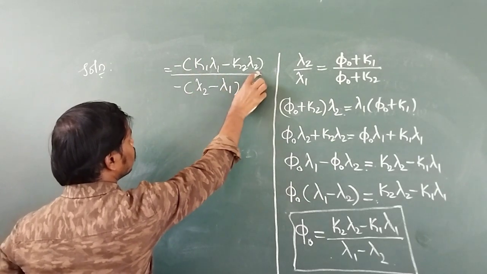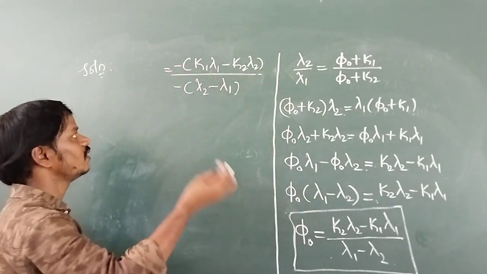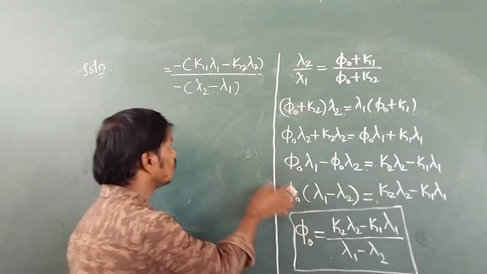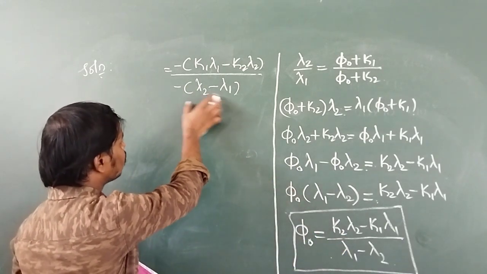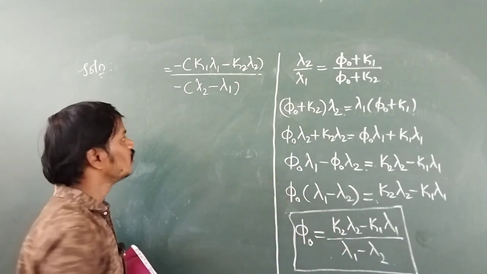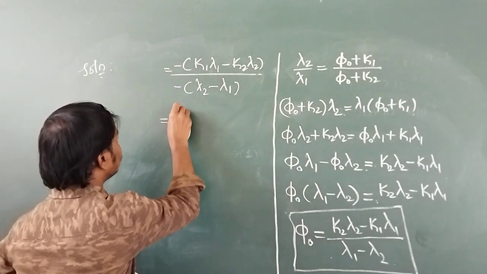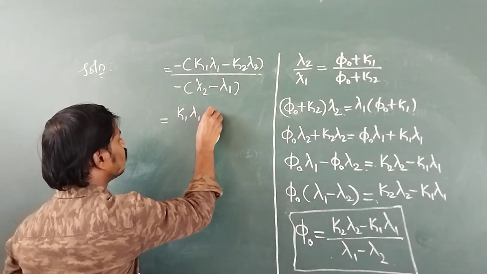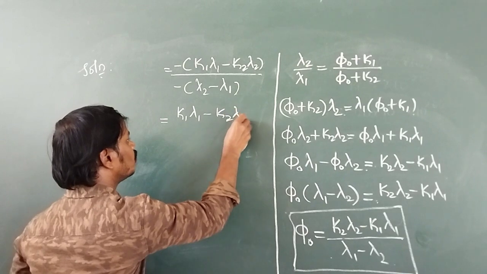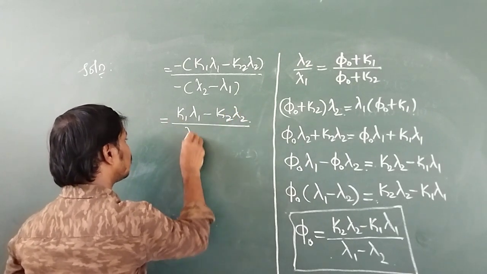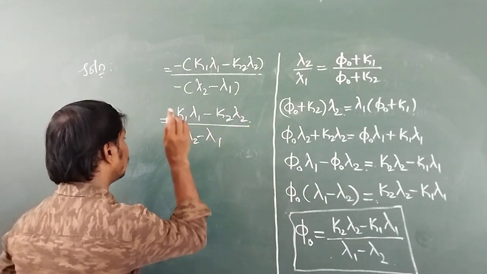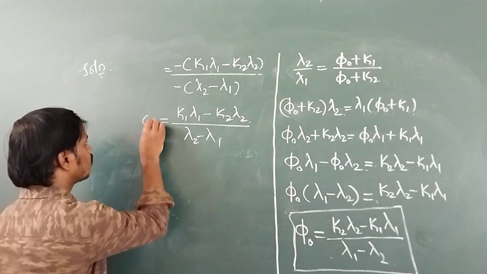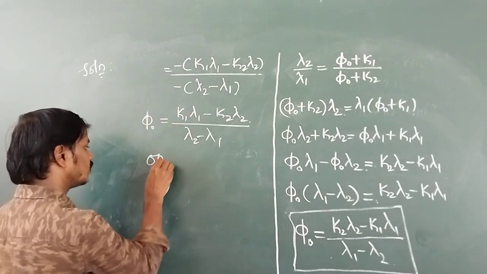Once again multiply this bracket with negative sign, you will get this same thing. Now minus minus get cancelled, then k1 lambda 1 minus k2 lambda 2 whole divided by lambda 2 minus lambda 1. Hence this is the answer, work function. Option 1 is correct.